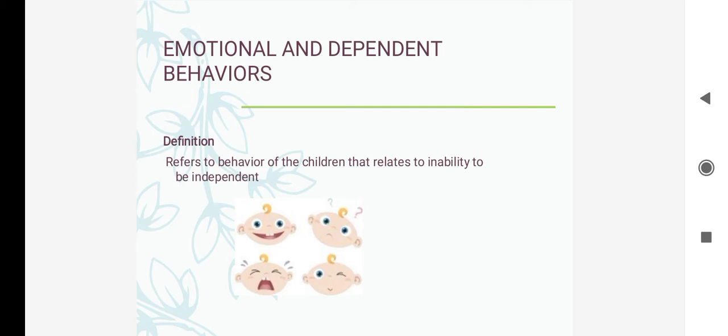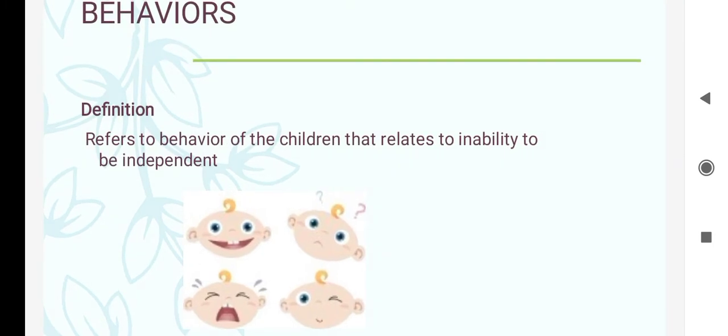Alright, we continue again our discussion on emotional and dependent behaviors. Being emotional in children's behavior and being dependent behavior, the definition we can understand as referring to behavior of the children that relates to inability to be independent.